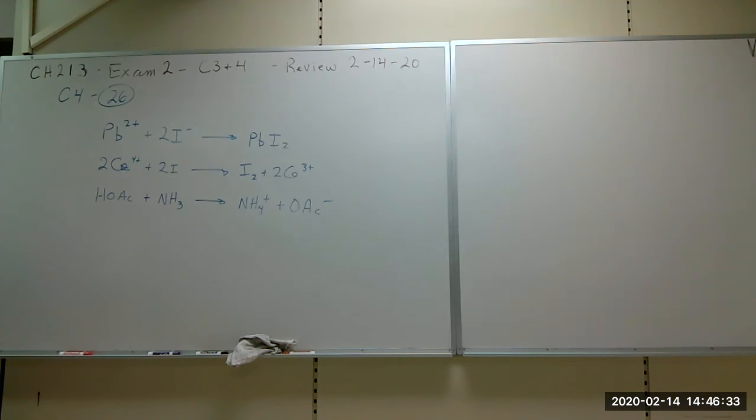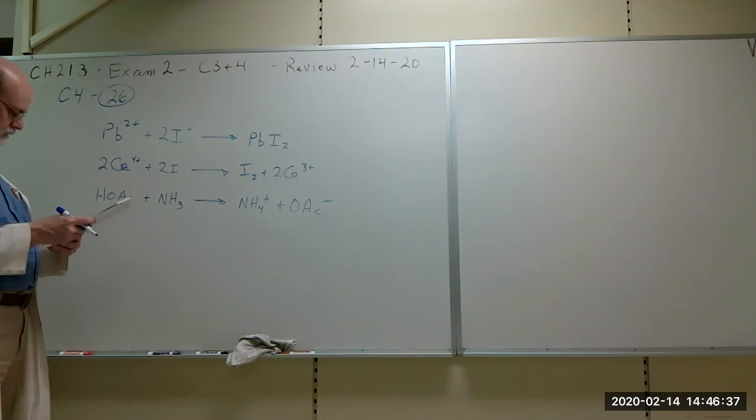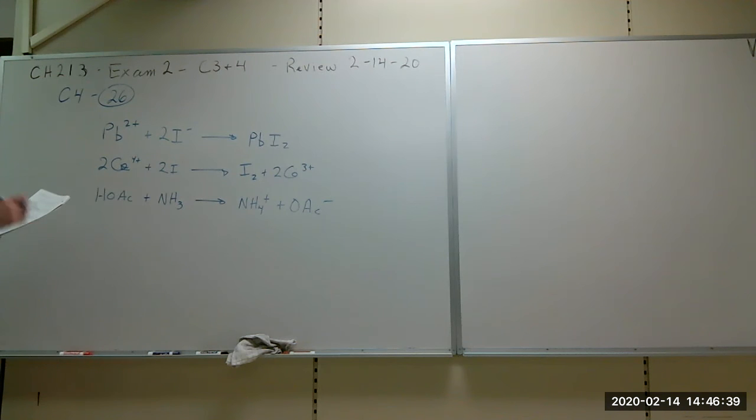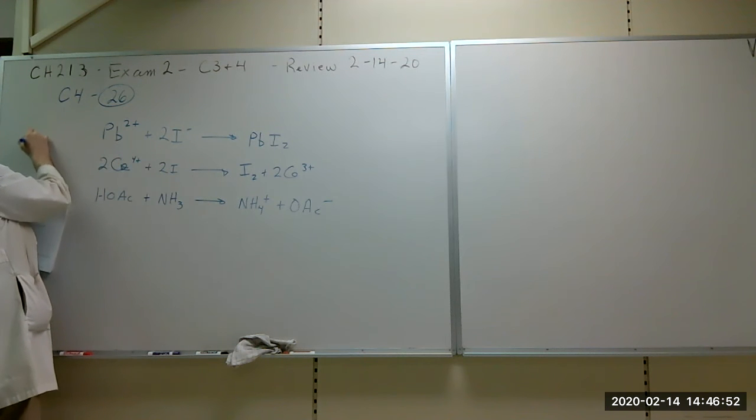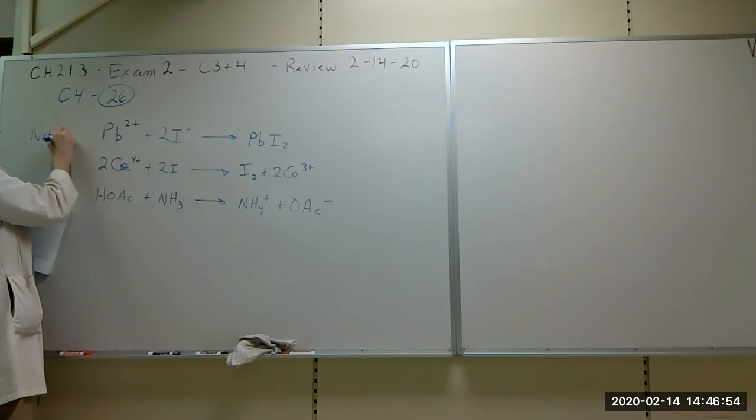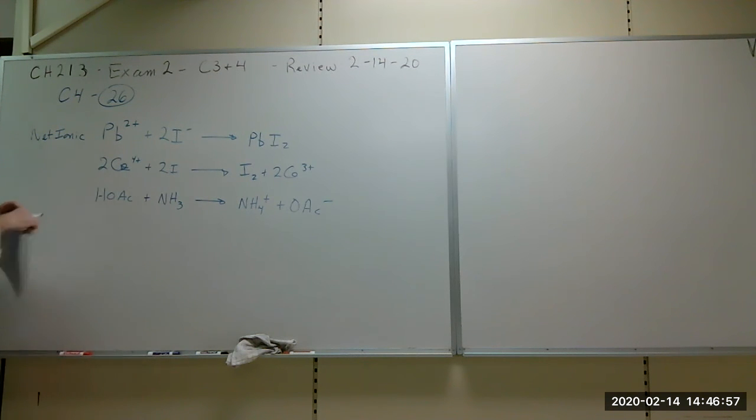Okay, so let's see what we got here. What's not given to you is you have to determine for yourself. Recognize that this is a net ionic equation, right? Because there are no counter ions.